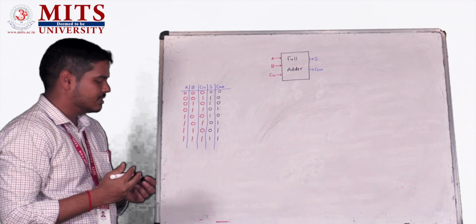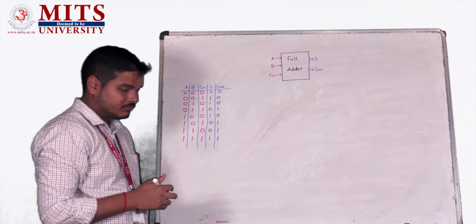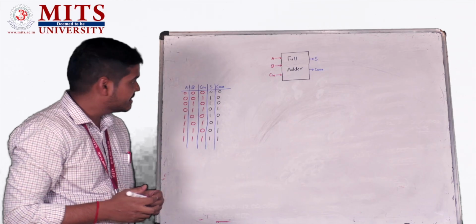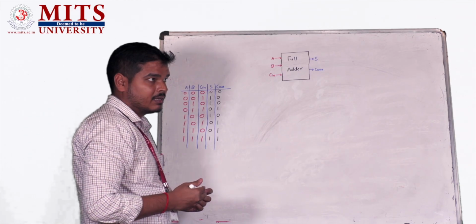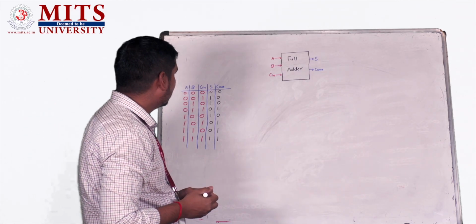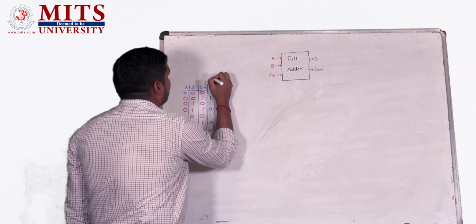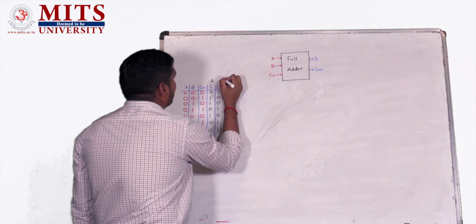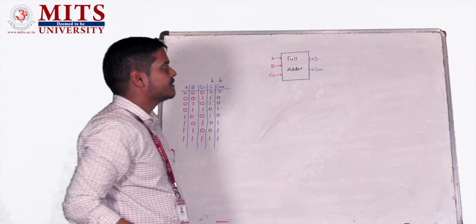So now this truth table is completed, and the next step is to identify the Boolean expression, to identify the min terms and to write the characteristic equations for both output values.